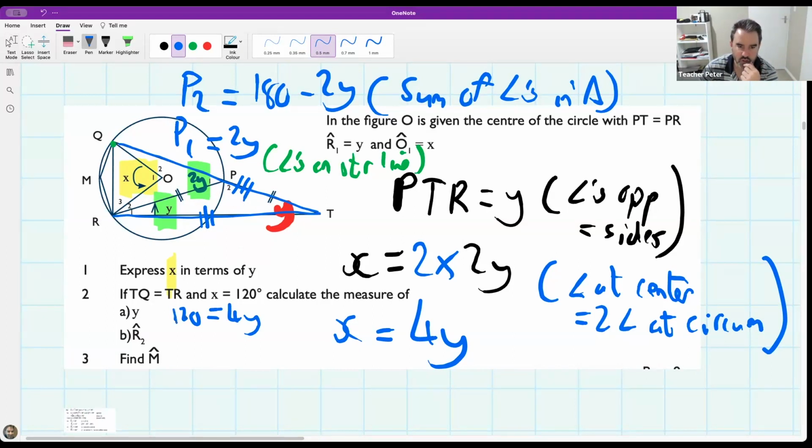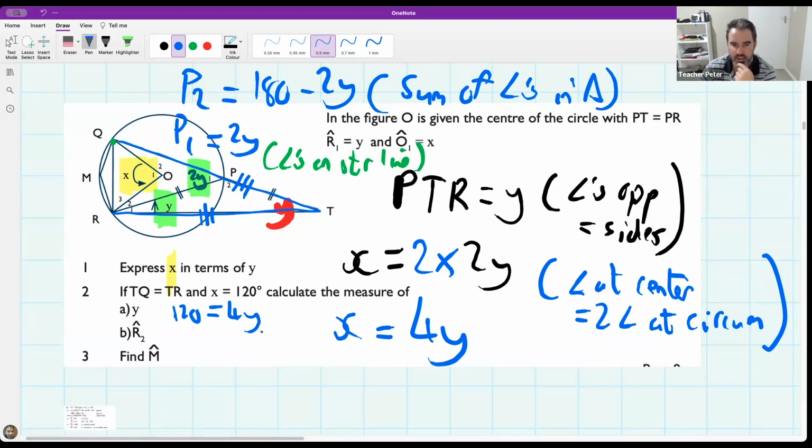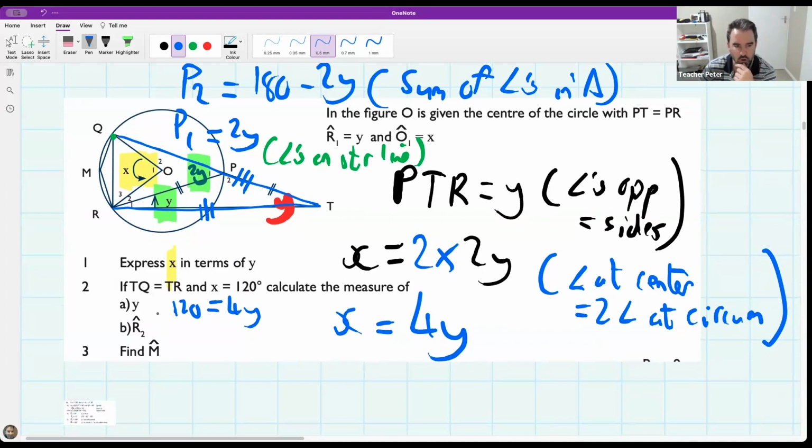So in terms of an actual value, calculate the actual value of y. So x is 120, which is equal to 4y. What is the actual value of y going to be? How could we move that 4 around? Yep. Indeed, 120 divided by 4 will equal y, and so y will be equal to 30.